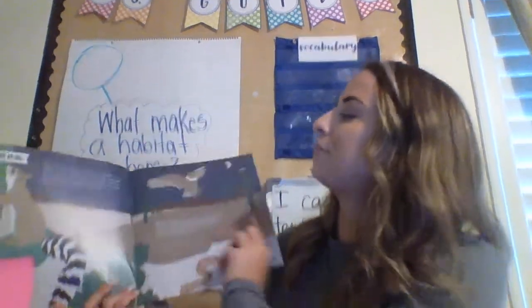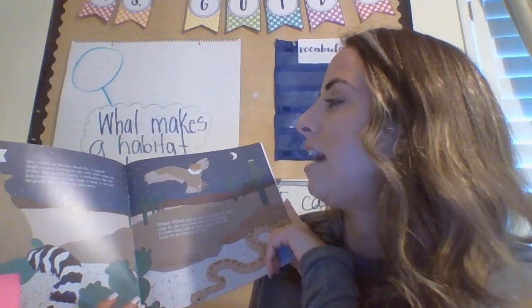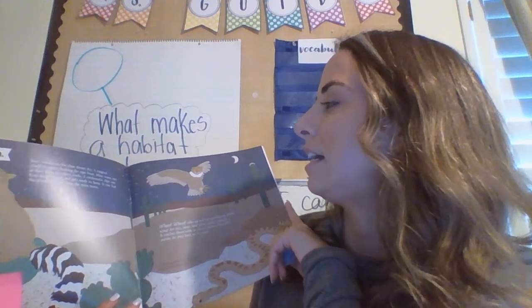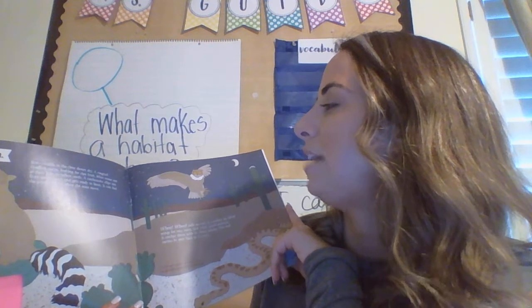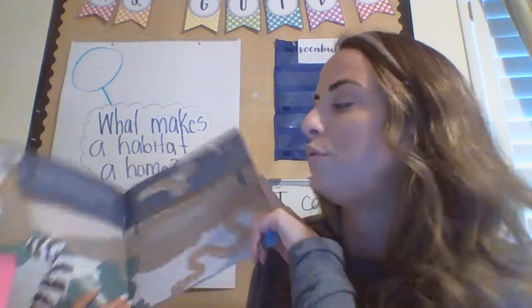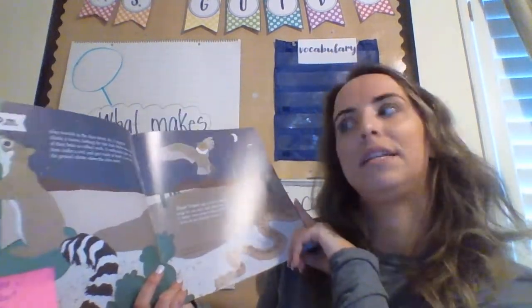So here we go. Stars twinkle in the clear desert sky. A ringtail climbs a cactus looking for ripe fruit. Mice come out of their holes to collect seeds. A rattlesnake slips out from under a rock and gets ready to hunt. It can feel the ground vibrate when mice move. So let's complete the sentence frame.